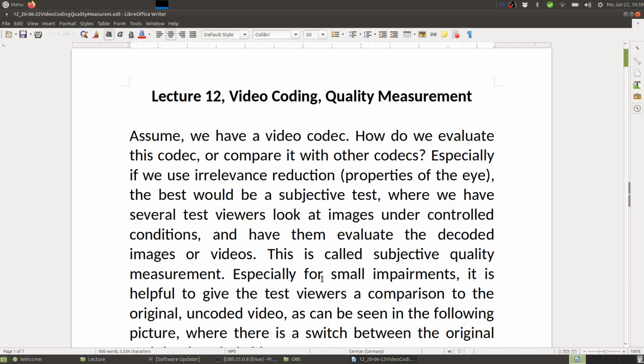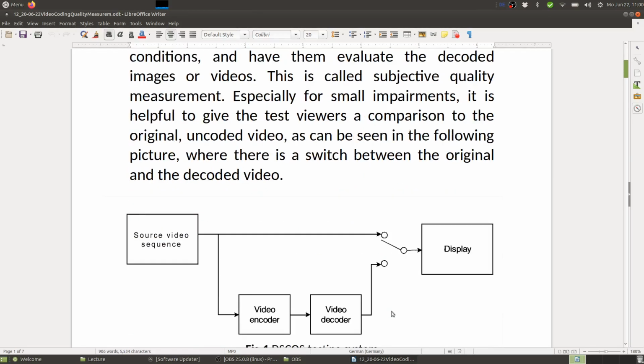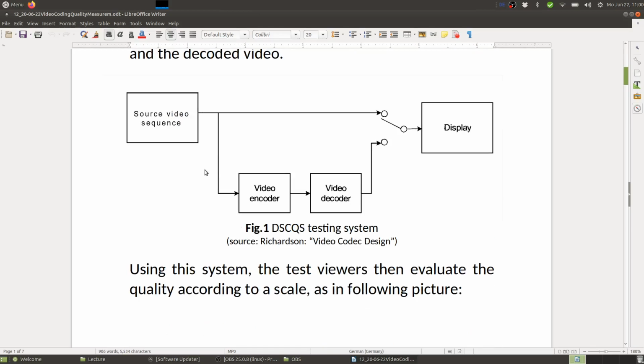Especially for small impairments, it is helpful to give the test viewers a comparison to the original uncoded video, as can be seen in the following picture, where there is a switch between the original and the decoded video. This is also from this book from Richardson, Video Codec Design.